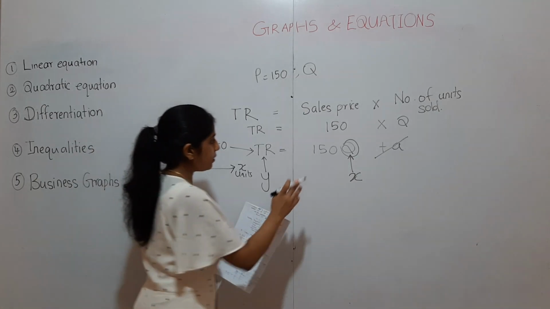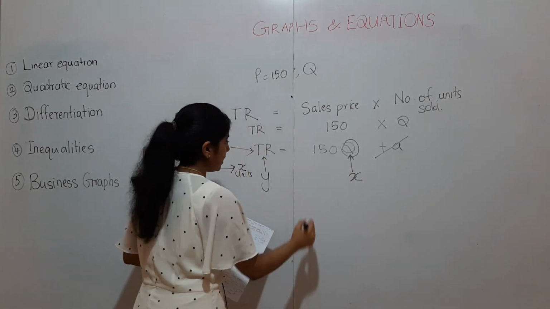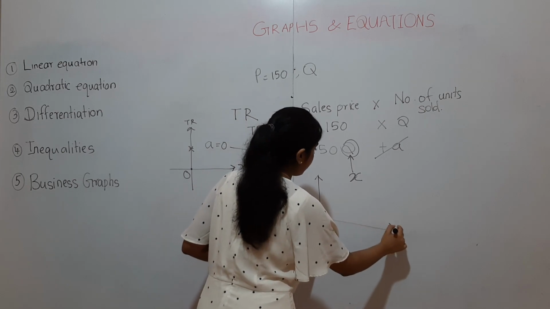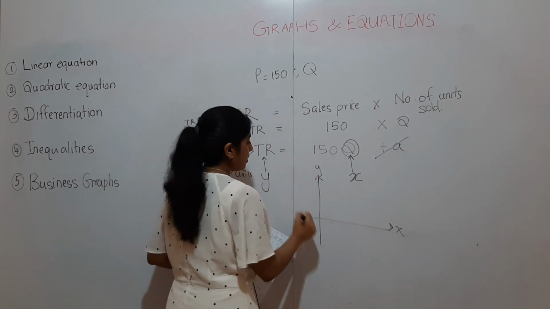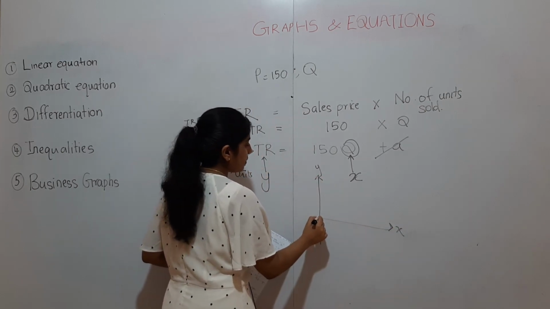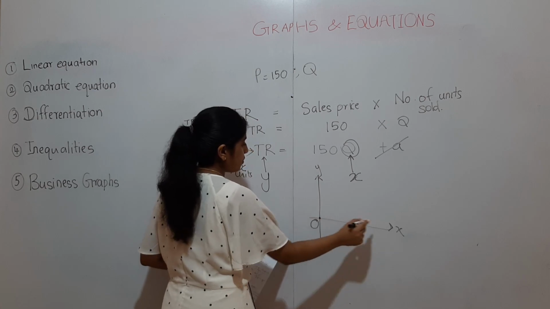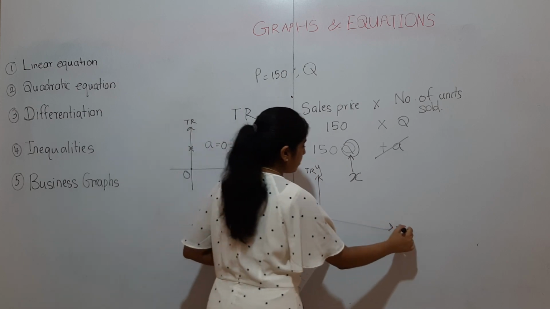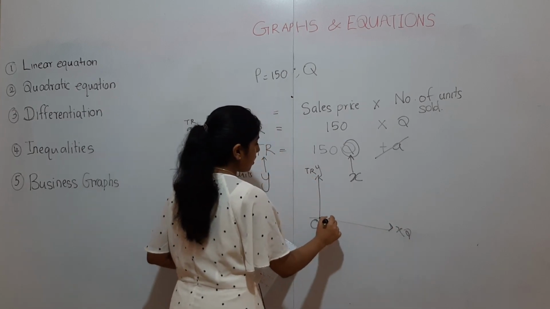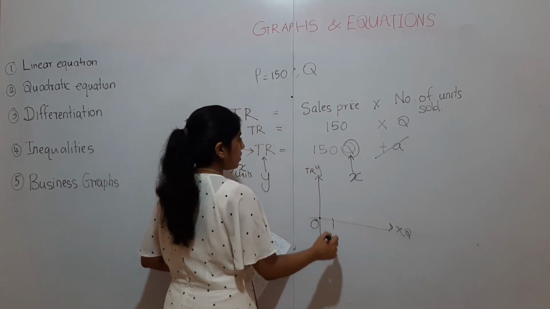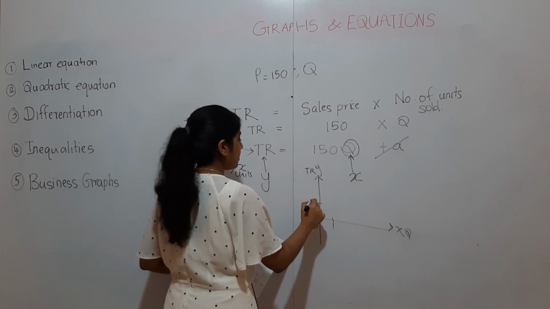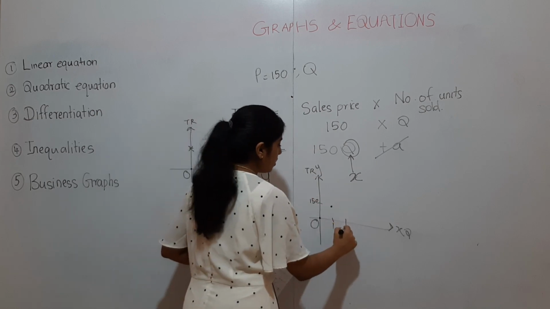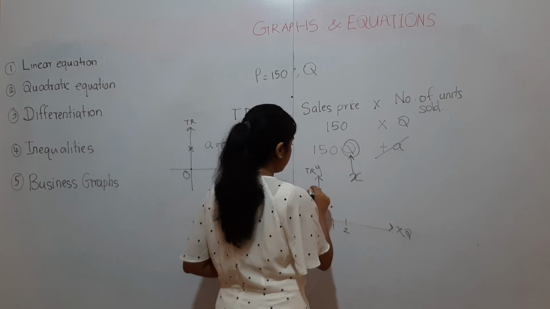Then how will this equation be drawn? It will look like this. If you see x and y, it starts when quantity equals 0, total revenue y equals 0. When quantity equals 1, total revenue equals 150. When quantity equals 2, total revenue equals 300.